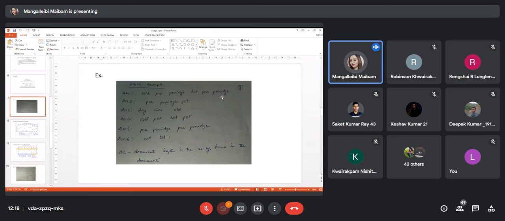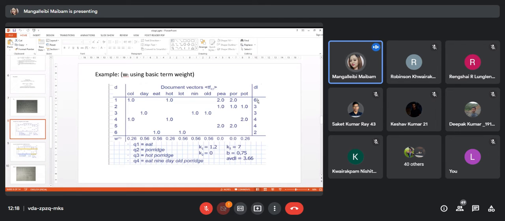So the document length of D1 is 6. It is what is written here. But if you draw the frequency table, you can directly add the numbers here. 1, 2, 3, 4, 5, 6, like this. Similarly, this has been constructed for all the remaining terms.